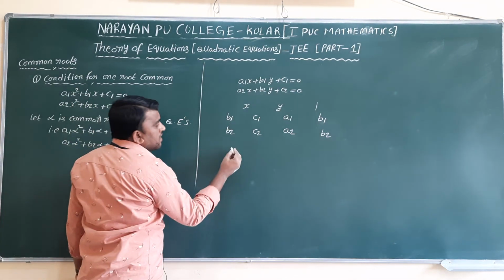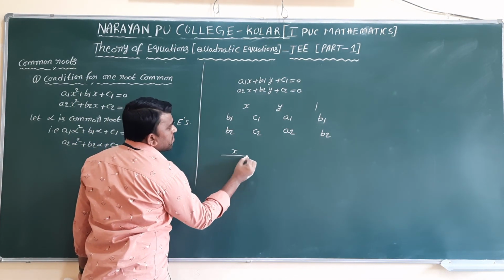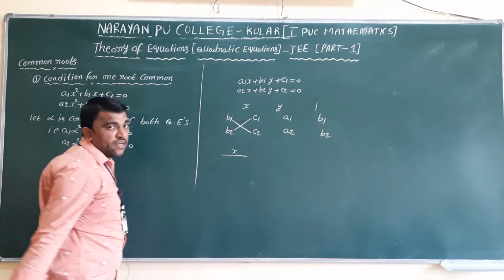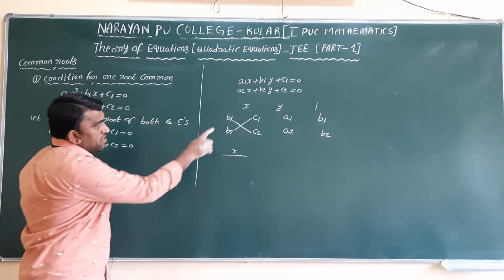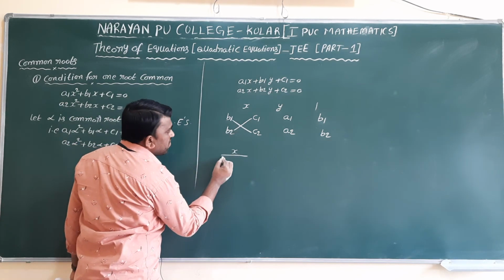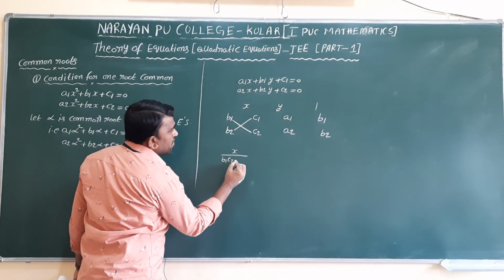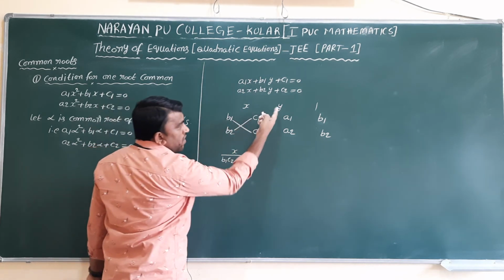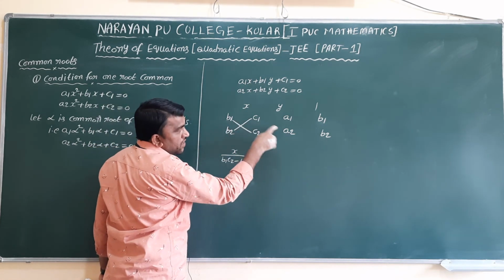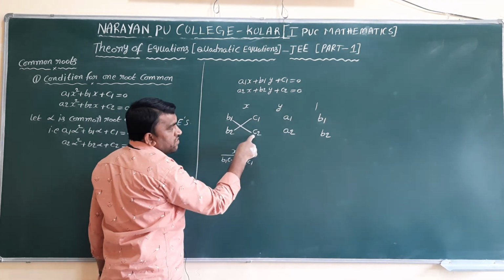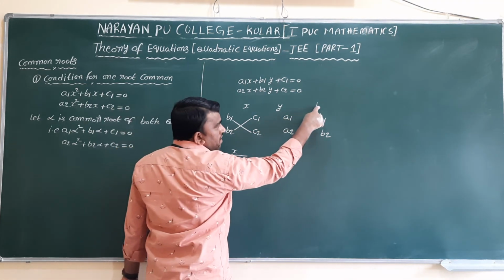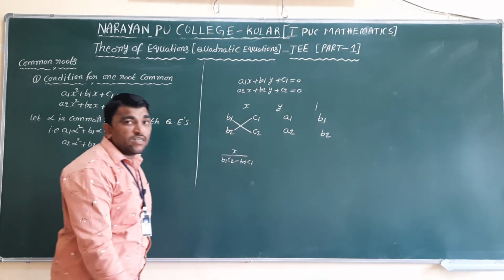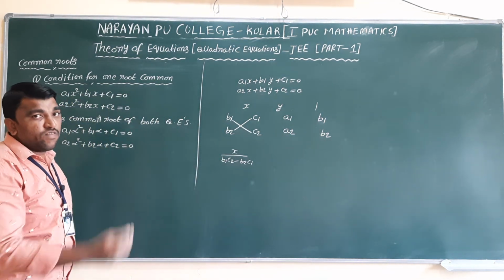Now x divided by these two diagonals product with minus, b1 c2 minus b2 c1. In the same manner, y: diagonals product c1 a2 minus a1 c2. Next 1 divided by these two diagonals product. Like that we can find the x and y values.